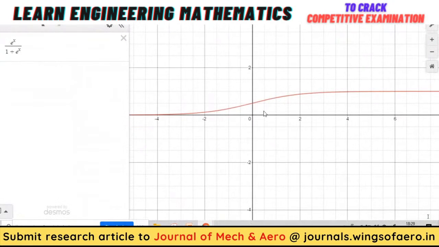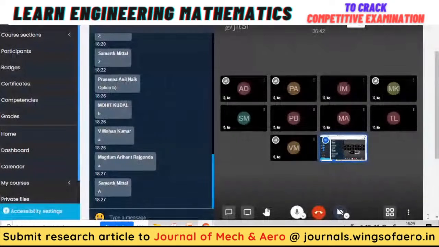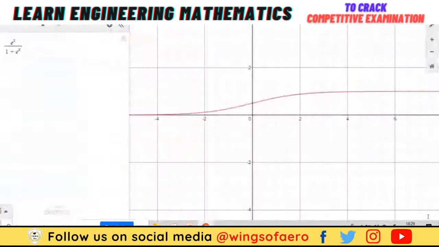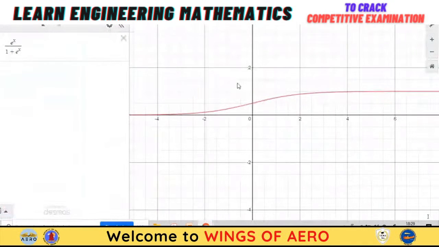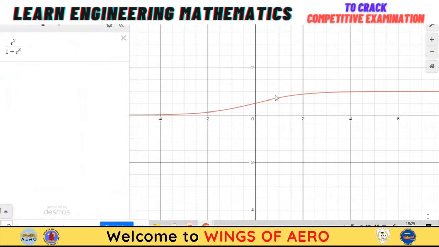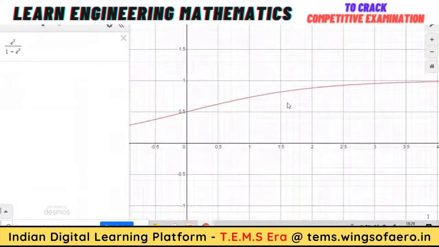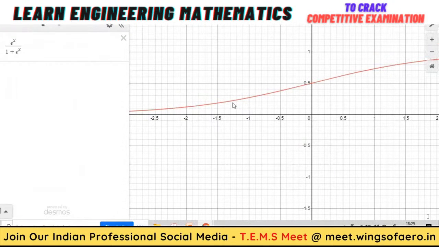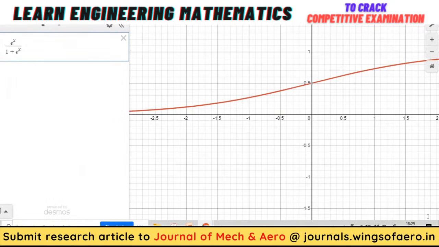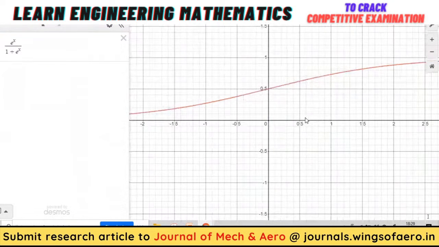Look at this curve. Can you see the screen? Yes, sir. Okay. Look at the curve. How does the curve look? This curve increases smoothly like this. It is a smoothly increasing curve.